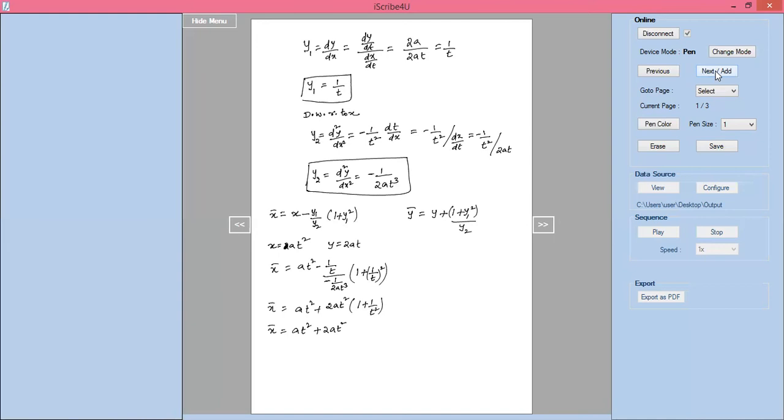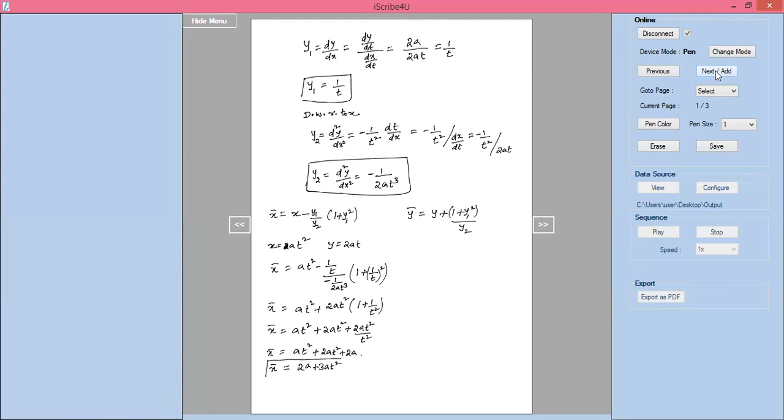Simplify this, so you can multiply, 2at square plus 2at square divided by t square. Now you will get x bar equals at square plus 2at square plus 2a. Now you will write x bar equals 2a plus 3at square.